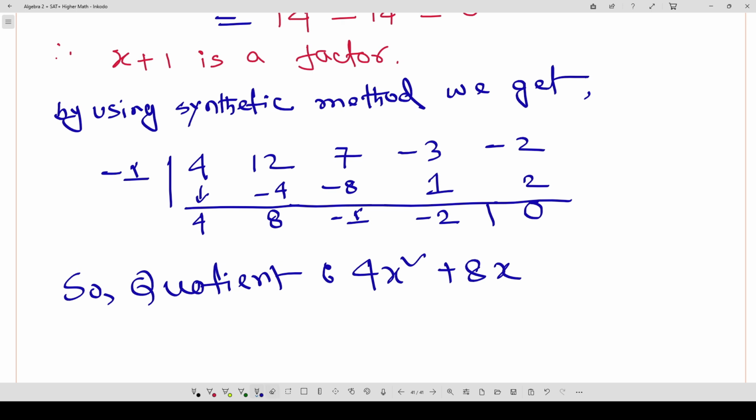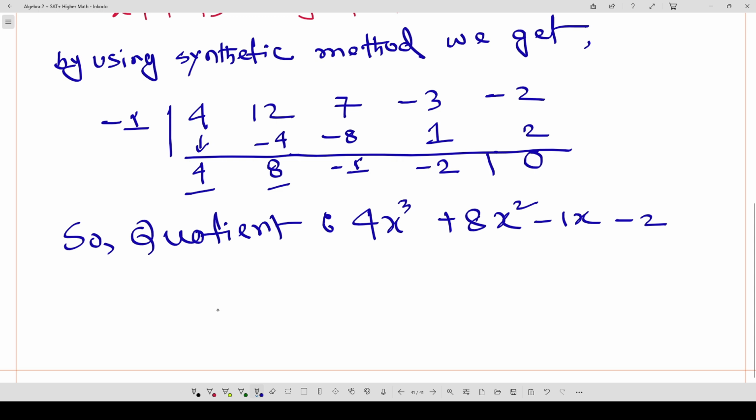It's not x square, it's a cube. Against this 4 we can write 4x cube. This one we can write 8x square. This one we can write minus x, and then finally minus 2.